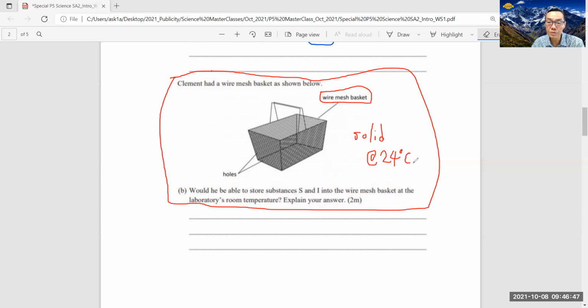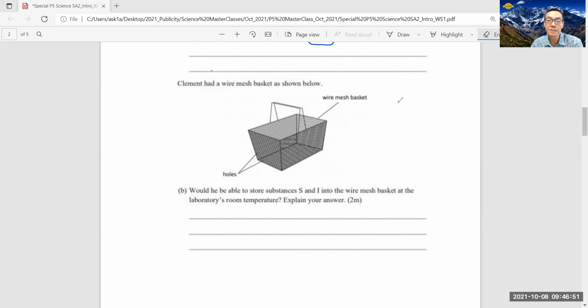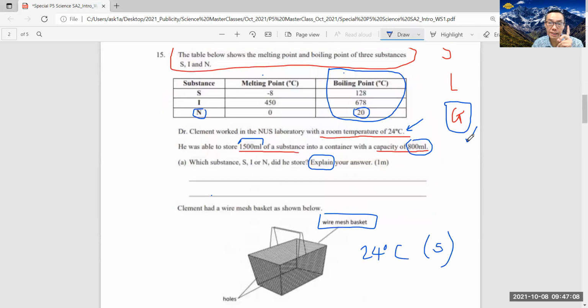So this substance must exist as a solid at 24 degrees Celsius. Now we look at that. Let me draw again this part. You draw this one, and then it must be a solid at 24 degrees Celsius. So now look at the chart on top.